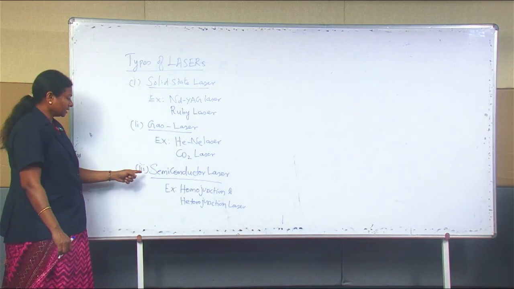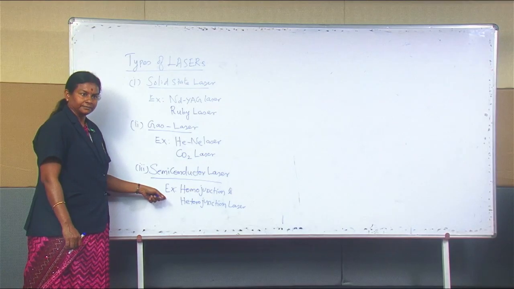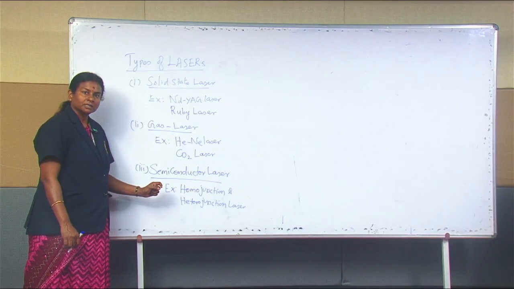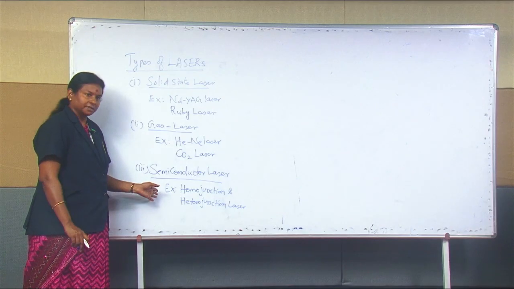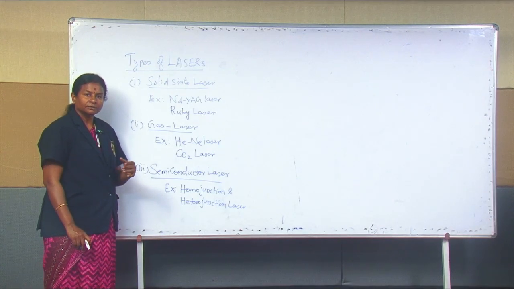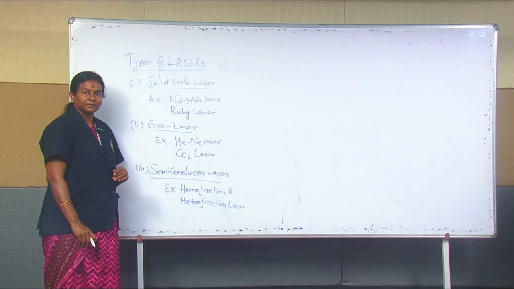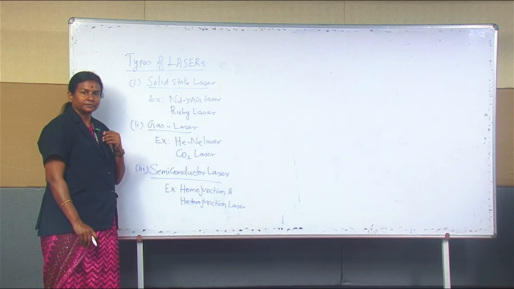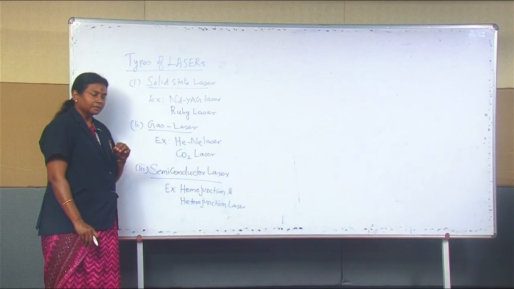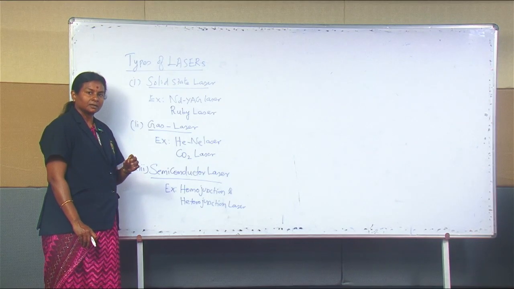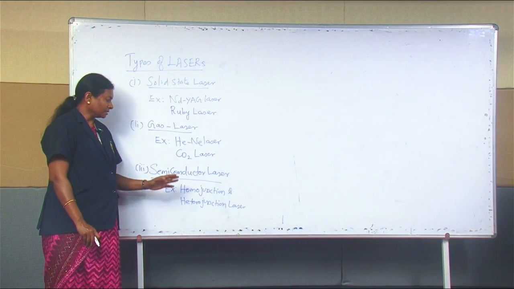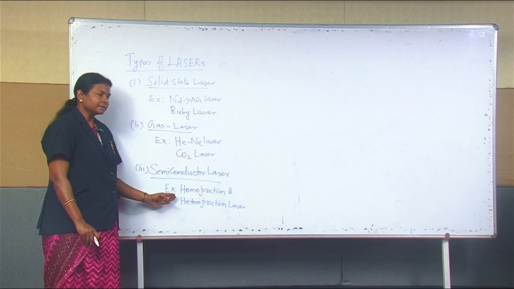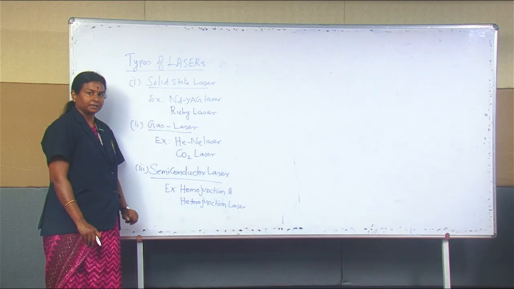If you go for this semiconductor laser, we have to depend on the direct band gap semiconductors. I think you know the example. If anyone asks you to give some example for semiconductor, all of you will suddenly answer silicon and germanium. Okay, but they are all indirect band gap semiconductors. Here we are to discuss direct band gap semiconductors.